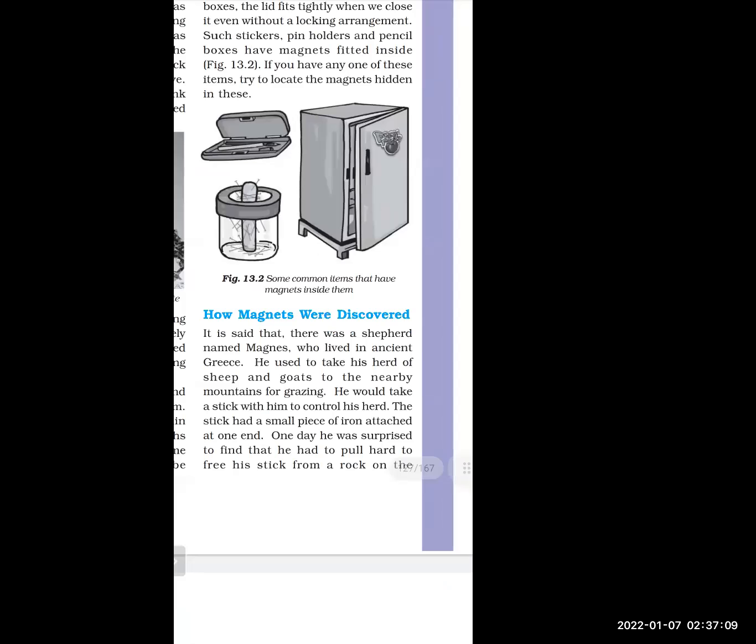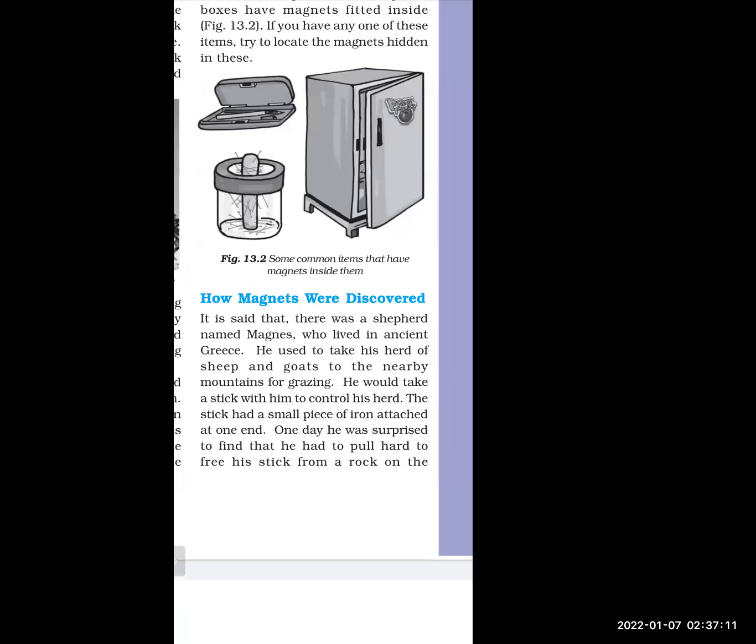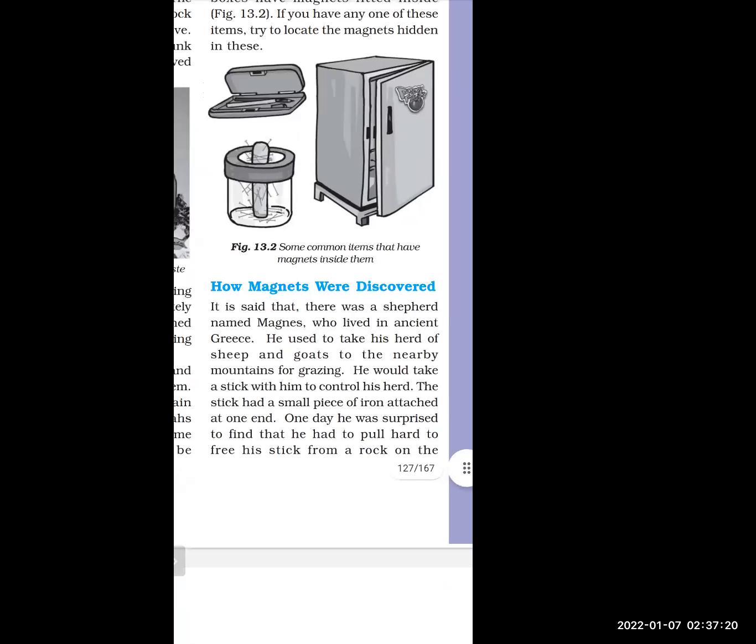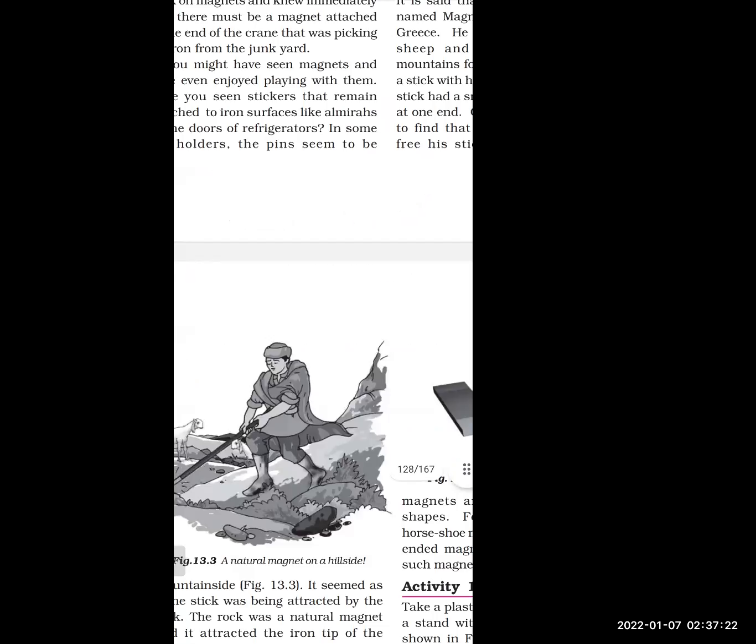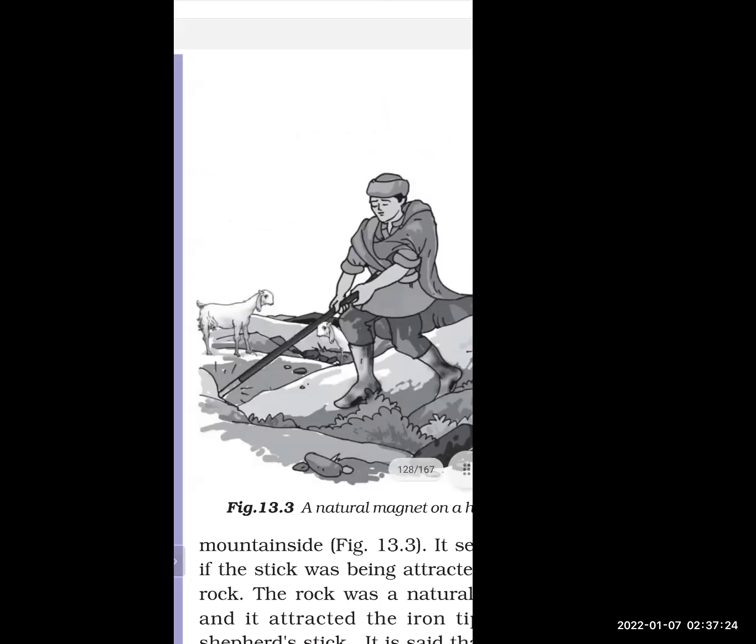He takes his sheep and goats to the mountains for grazing, and he used a stick for handling these goats and sheep. And what is the use of this stick? He used this stick for handling goats and sheep.